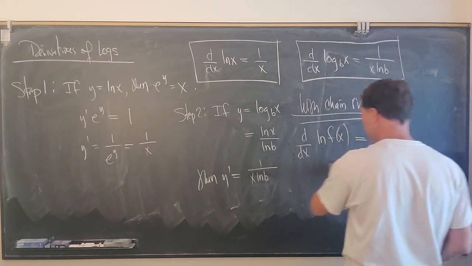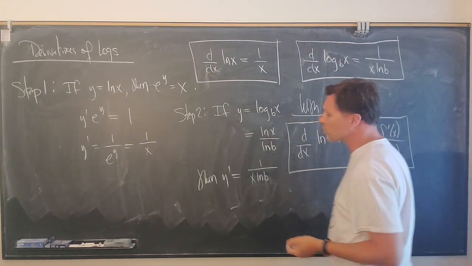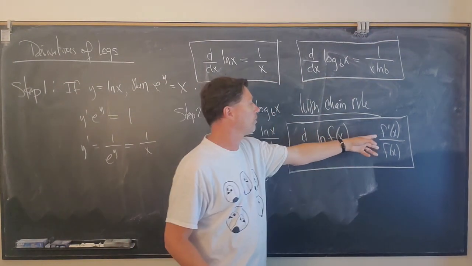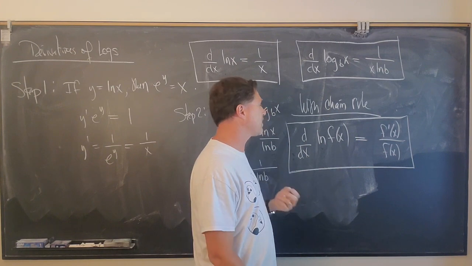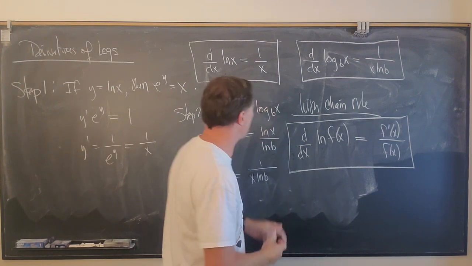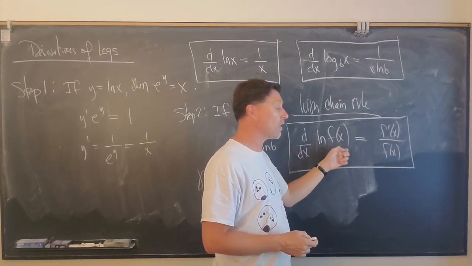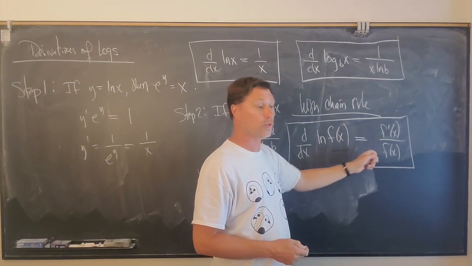You will need this formula lots and lots of times. Here's one thing to be aware of: there are some students who don't learn this rule, and when they're asked to take a derivative, they screw it up and just apply the basic formula. Remember that when you have a function inside a log, you've got to use the chain rule. There's the formula.